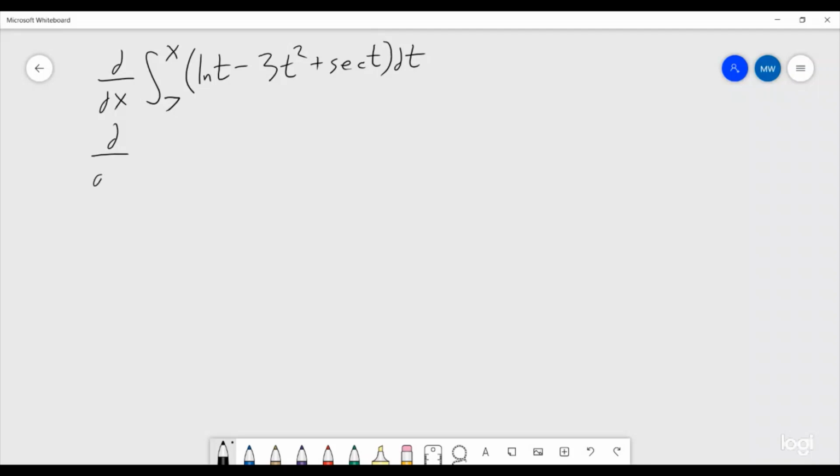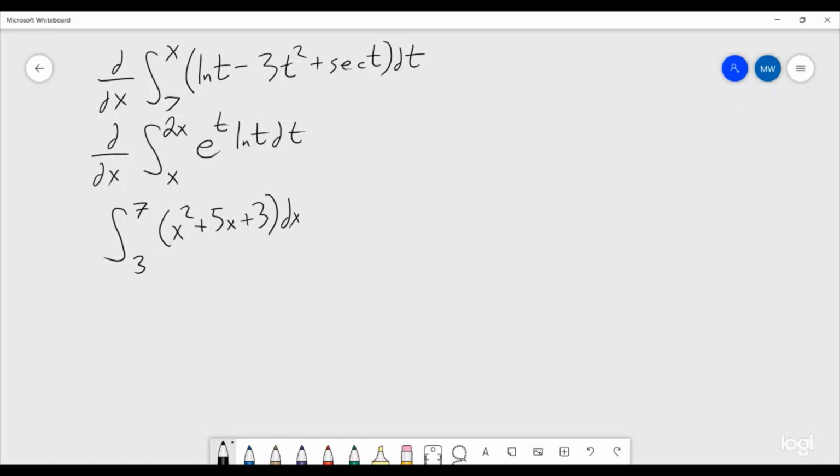Find the derivative with respect to x of the integral from x to 2x of e to the t natural log of t dt. Find the integral from 3 to 7 of x squared plus 5x plus 3 dx.